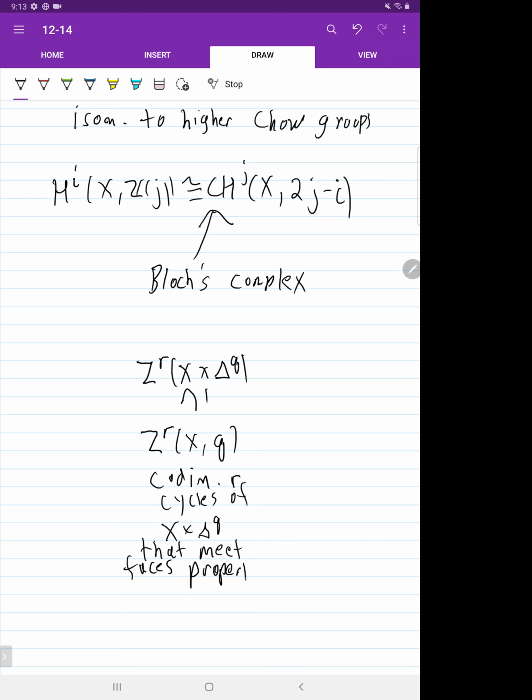And when they meet the faces properly, you can take an alternating sum of face maps.